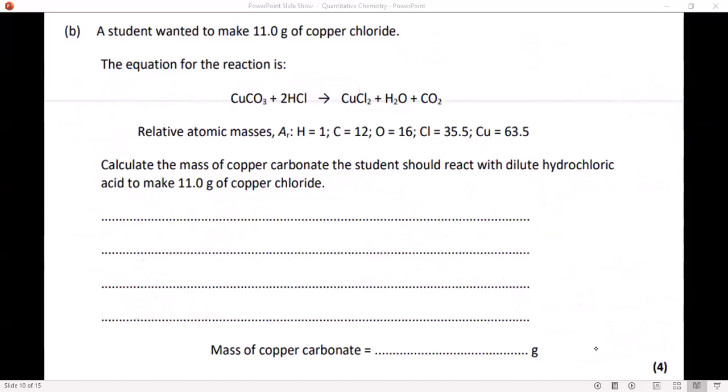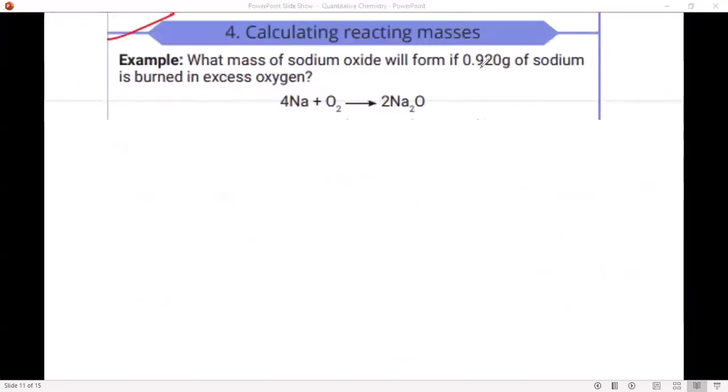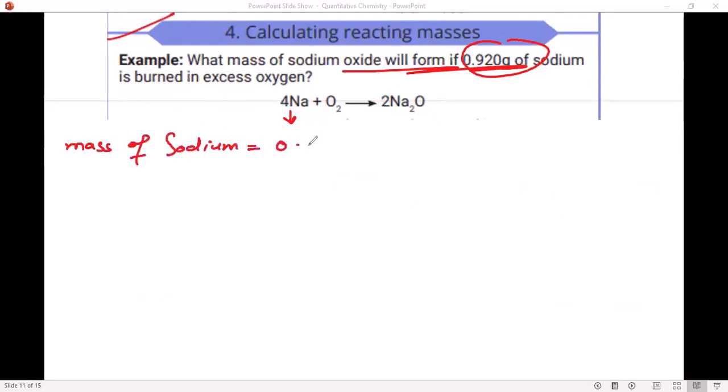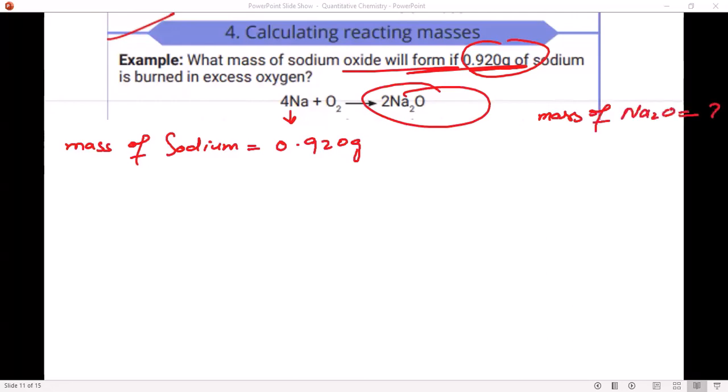Now calculating reacting masses. What mass of sodium oxide will form if 9.20 gram of sodium is burned? So here, the mass of sodium is given to us, and they ask us to calculate the mass of the product.